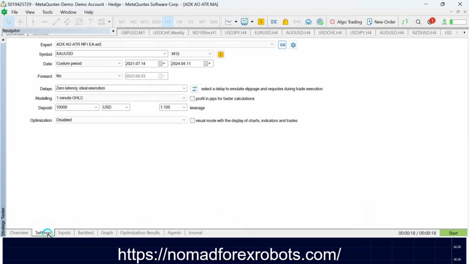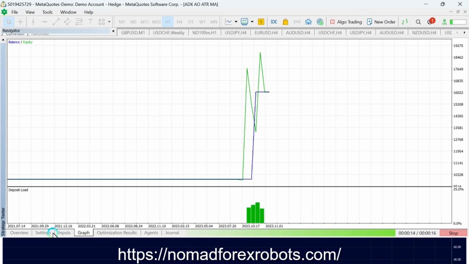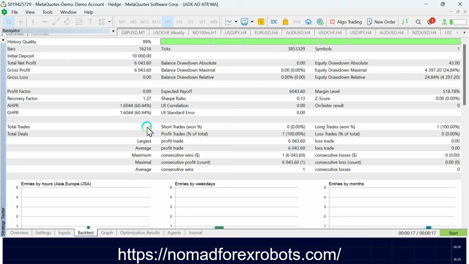What is interesting is that the last strategy with only the ADX, awesome oscillator and ATR was better on gold than this one with the MFI. And I think I am going to further analyze this strategy and share the results with you guys.